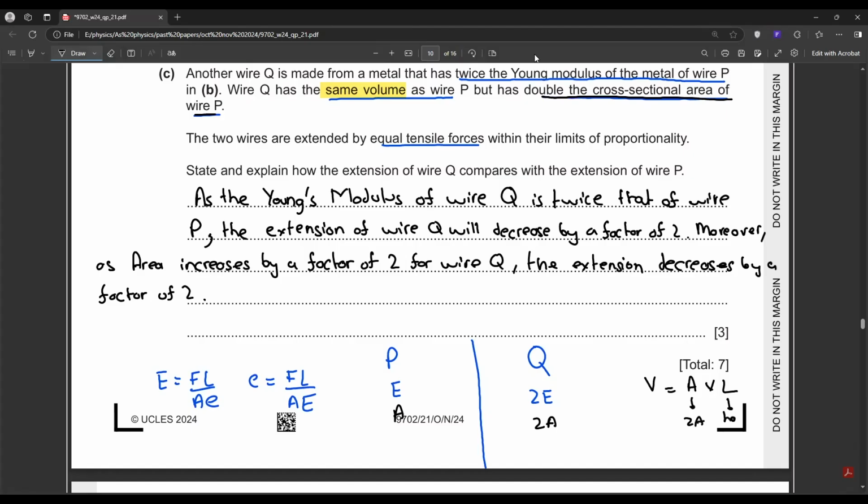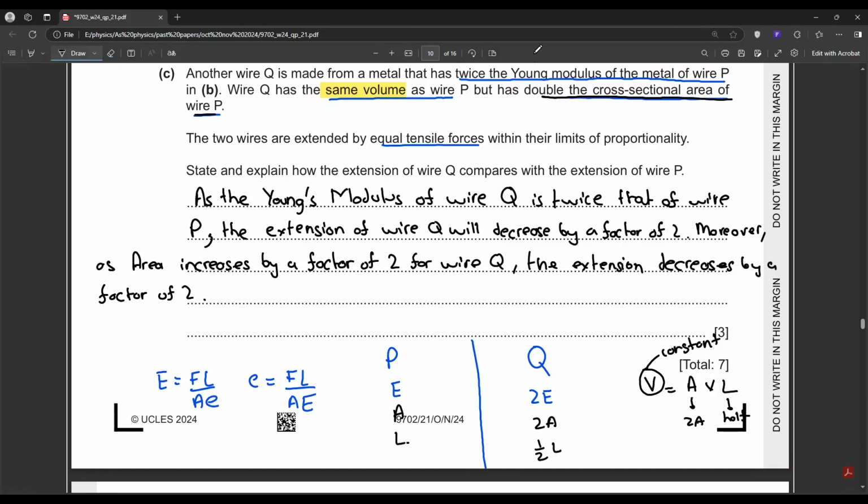The length will halve. If the area of Q is getting doubled, the length will halve to keep the volume constant. So this will have half L and this will have L.